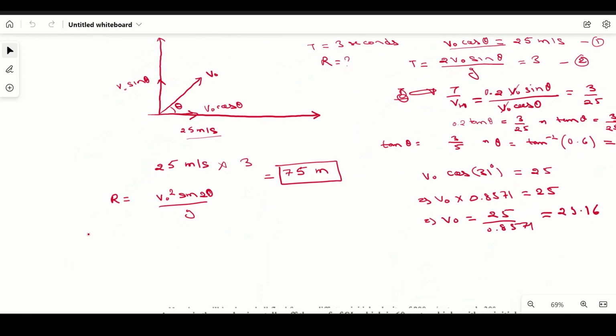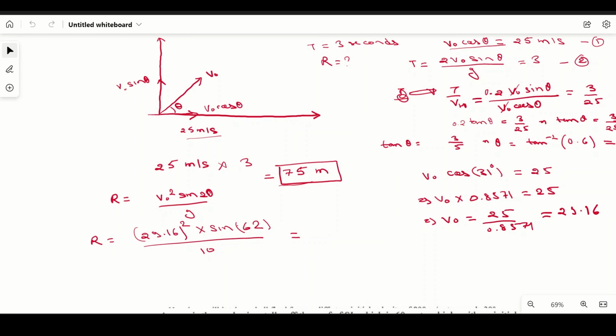So you can also calculate the range from here with the formula R is equal to 29.16 squared into sin 2 theta, where 2 theta is 31 into 2, which is 62 degree, divided by 10.